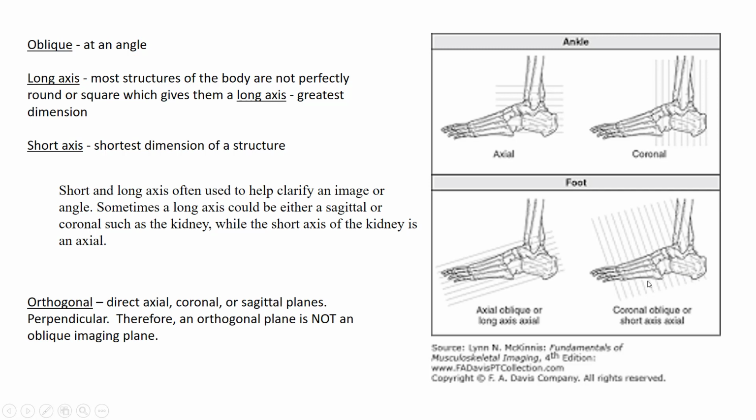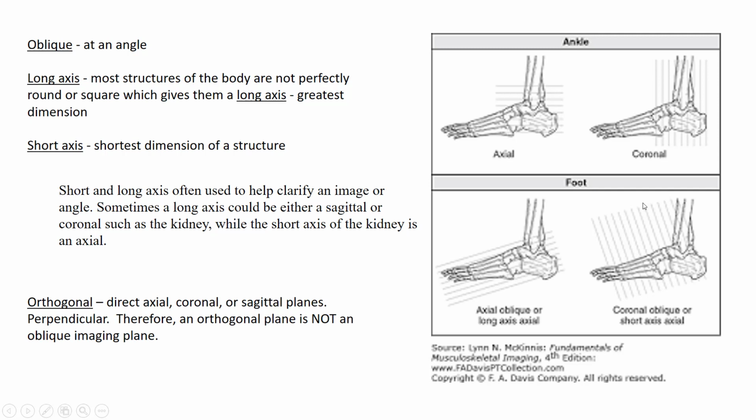And this also will help you understand short axis and long axis. So in order to visualize the longer bones in the ankle, you would want to do a coronal. And this would give you the long axis of the ankle, whereas the axial would give you the short axis of the ankle. Same thing here with the foot.